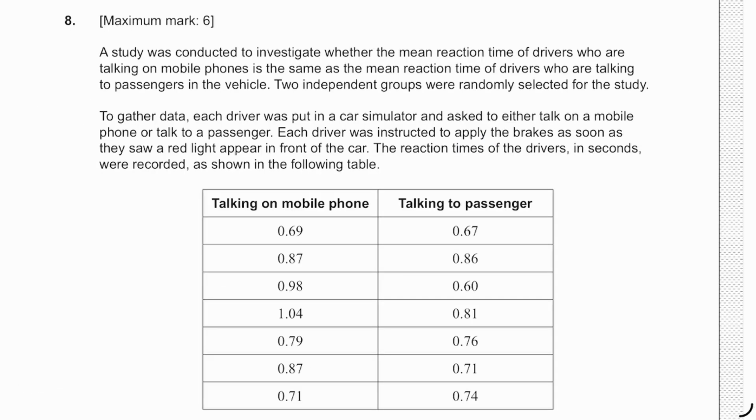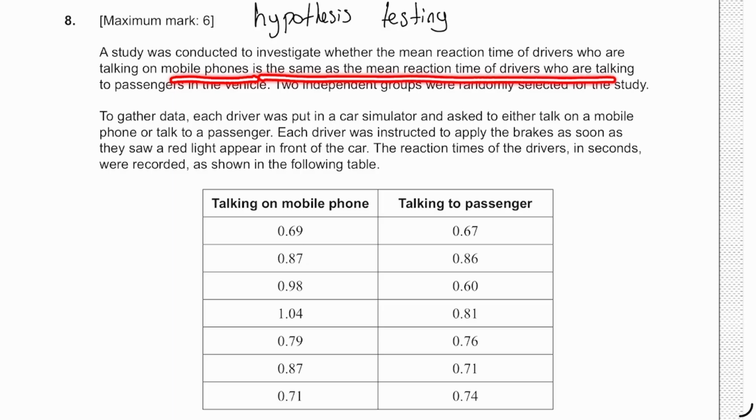Question number 8 is about hypothesis testing. A study was conducted to investigate whether the mean reaction time of drivers who are talking on mobile phones is the same as the mean reaction time of the drivers who are talking to passengers in a vehicle.